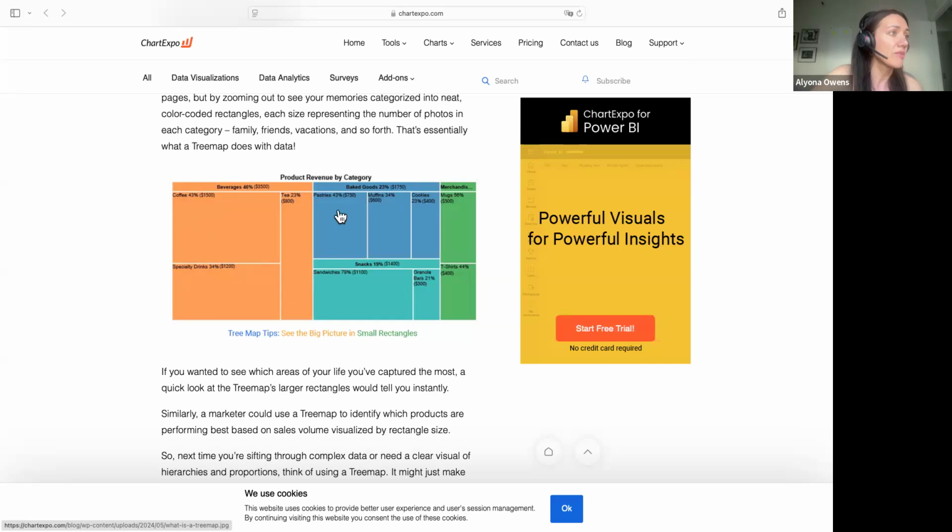And then there's a separation of baked goods. Under baked goods, you have pastries, muffins, and cookies. Under snacks, you have sandwiches and granola bars. And under merchandise, you have mugs and t-shirts. So I think it's like a coffee shop or something, right? So within one tree map, we get to see how much they're spending in dollars and also percentage, and what are the things they're purchasing. Does it make sense?